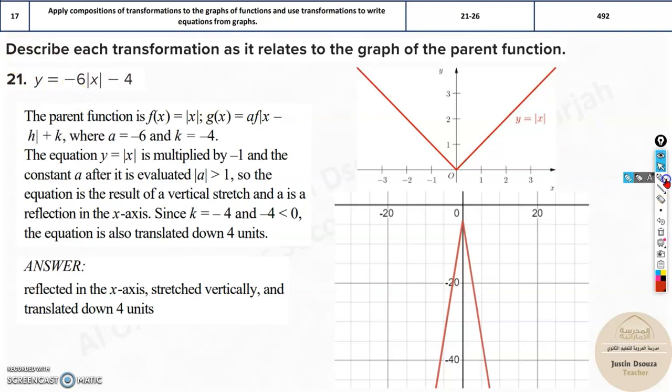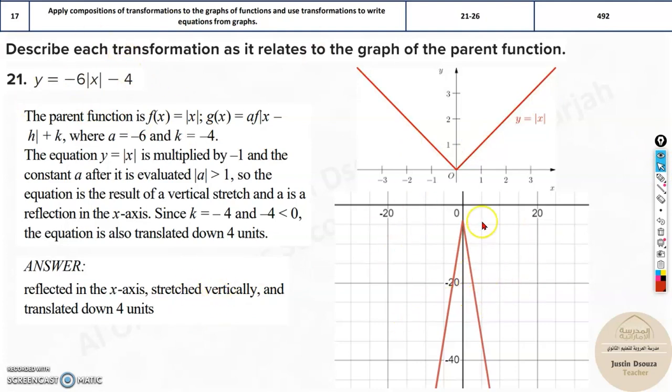If it is negative, it will be reflected along the x-axis. Reflection happens along the x-axis. Next, if there is a number bigger than 1, then it is a vertical stretch. If it is less than 1 but greater than 0, it will be a vertical compression. Let us look into one more.